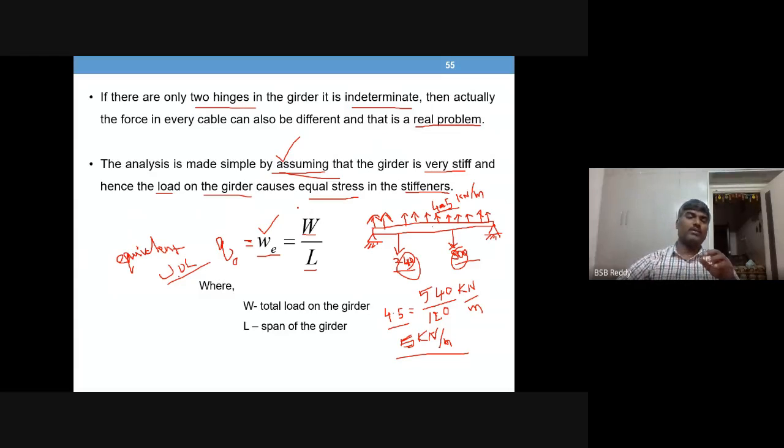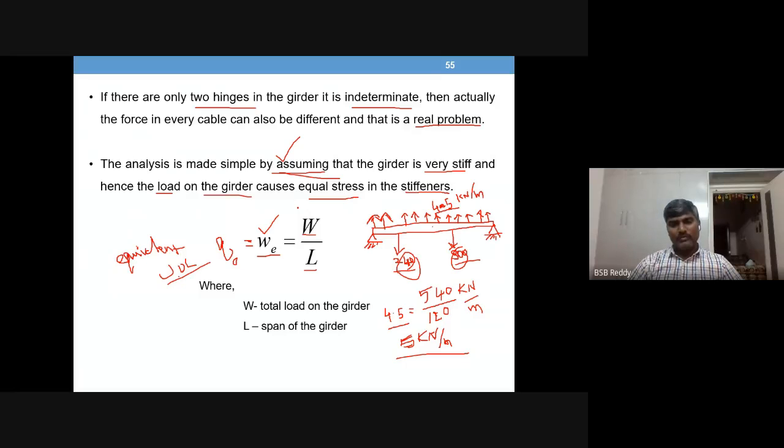So instead of this equation, now you have this equation for two-hinged stiffening girders. This is the way we simplify the problem from indeterminate to determinate, by the simple assumption that the total load acting on the girder is equally distributed to all the suspenders.